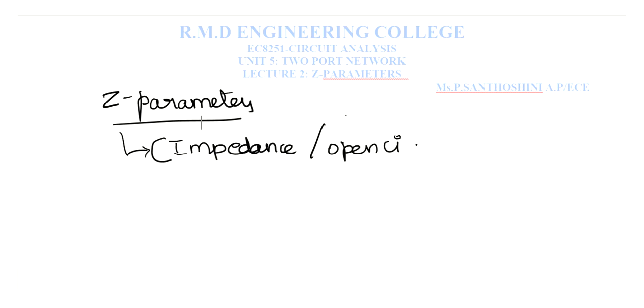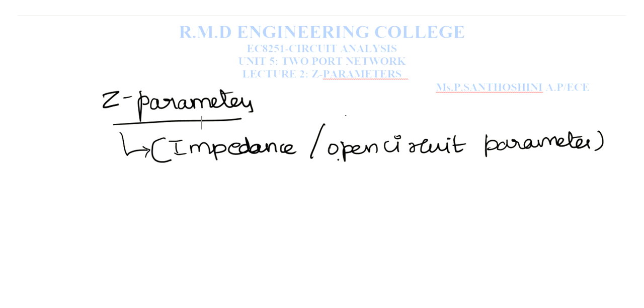It has two names. One, we call it the impedance parameter, the Z letter. And the other is open circuit parameters. So these are the two names of your Z parameter. In the same way, for Y parameters, the letter Y is called admittance and we call it short circuit parameters.